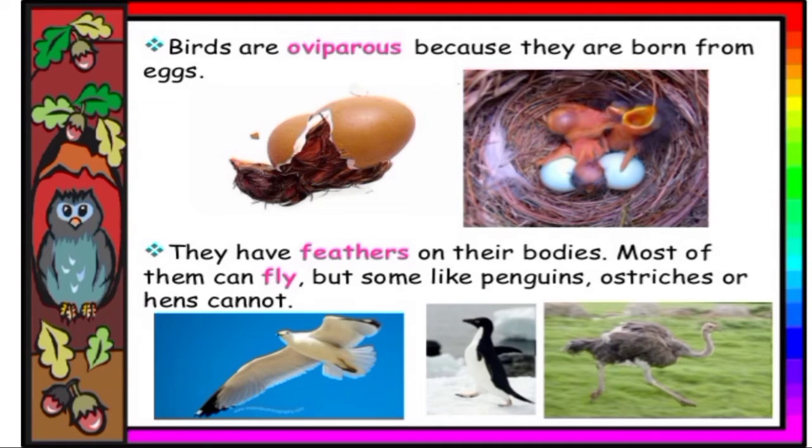Birds fly by flapping their wings and using air pressure to create lift under their wings, just like an aeroplane. Although an important characteristic of most birds is flying, not all birds can fly.